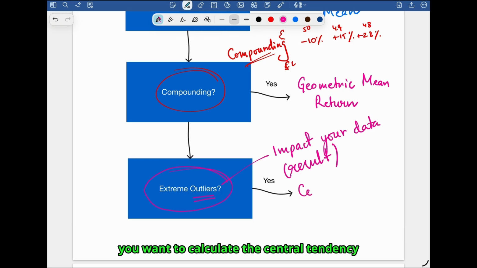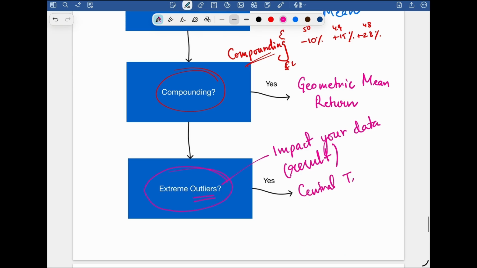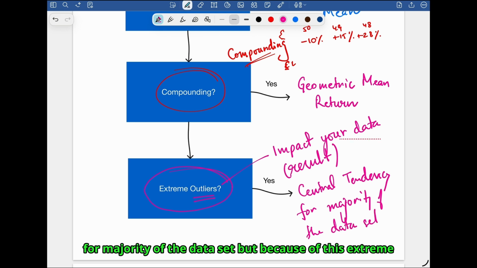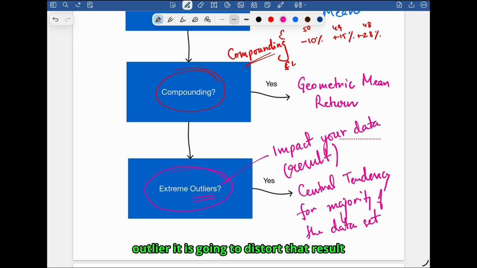When you want to calculate the central tendency for the majority of the data set, because of this extreme outlier, it is going to distort that result.